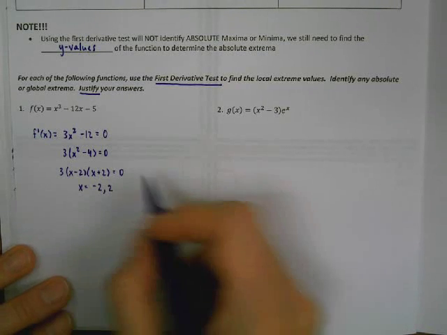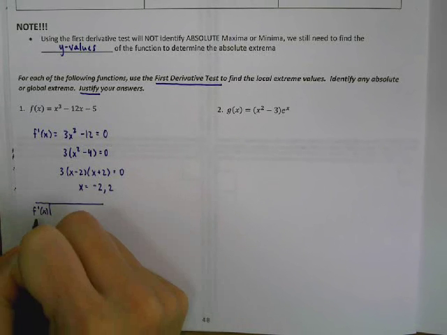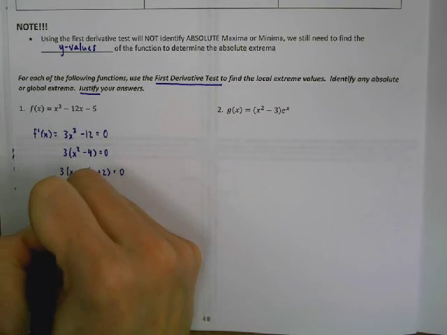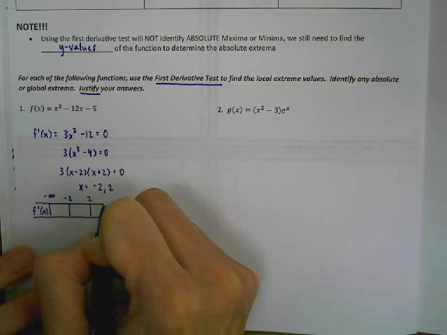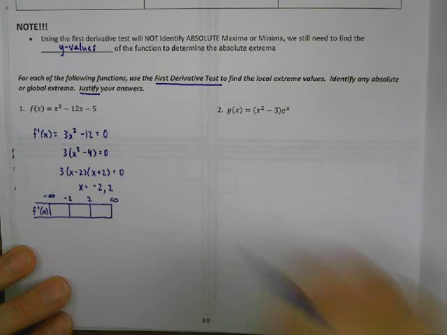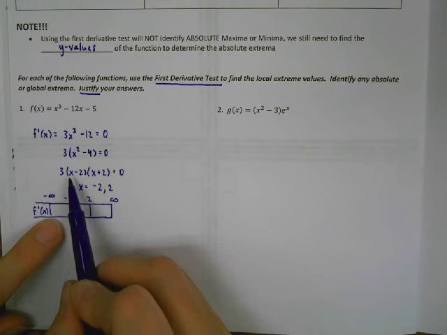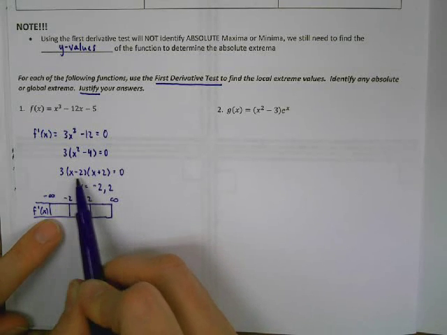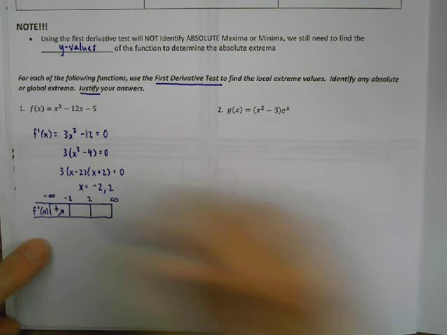So just like before, we're going to do our little table here. So we're looking at f prime of x, and I'm going from negative infinity, negative 2, positive 2, and infinity. And I'm just going to test in each of those intervals to find out if I'm positive or negative. So if I plug in a negative 3, that's going to give me a negative here, also a negative here, so I'm going to be positive over that interval.